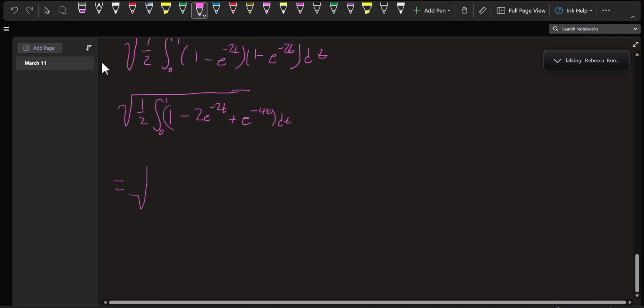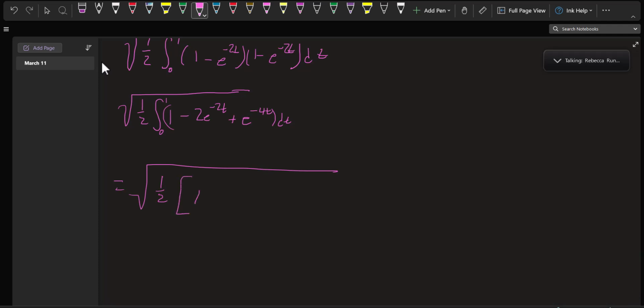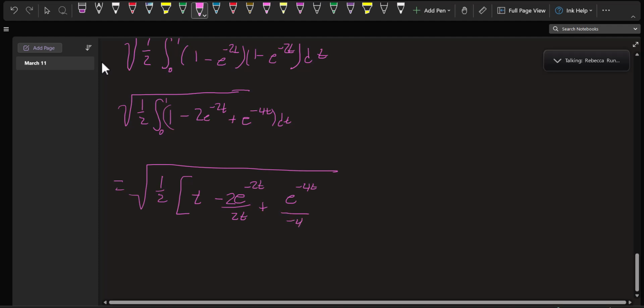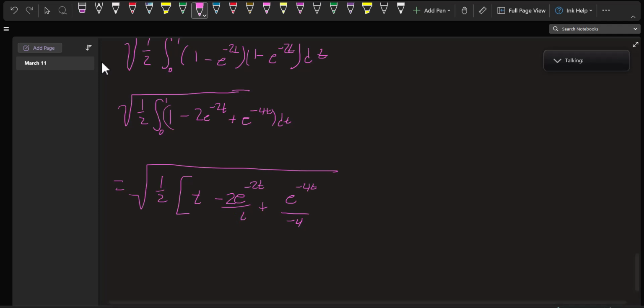And then that would be the square root of 1/2 times t minus 2e to the negative 2t over negative 2 plus e to the negative 4t over negative 4, from 0 to 1.